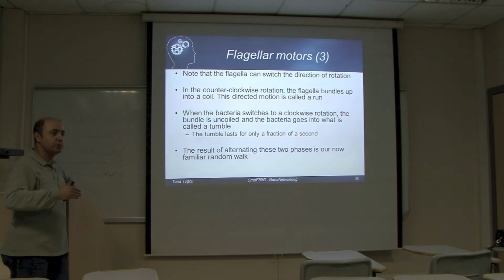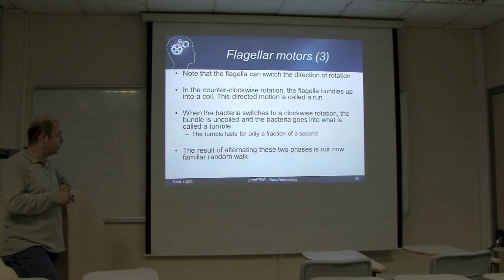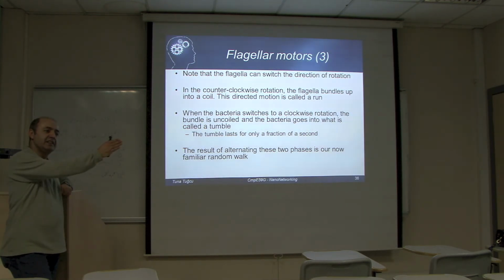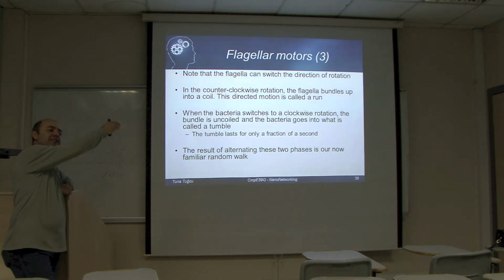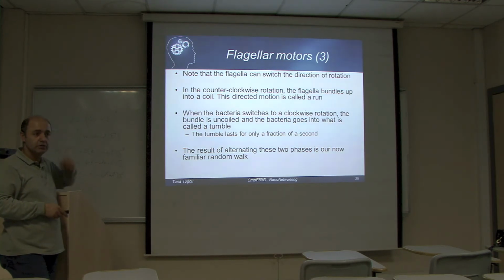And during that operation, it changes its direction randomly, okay? So the tumble lasts for only a fraction of a second. So for 1 second, it goes in a line, then stops and changes direction, then it moves in another direction for another second. That's how it moves. The result of alternating these two phases is our own familiar random walk, okay?